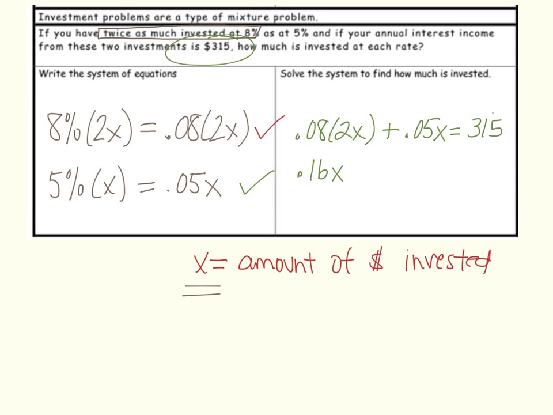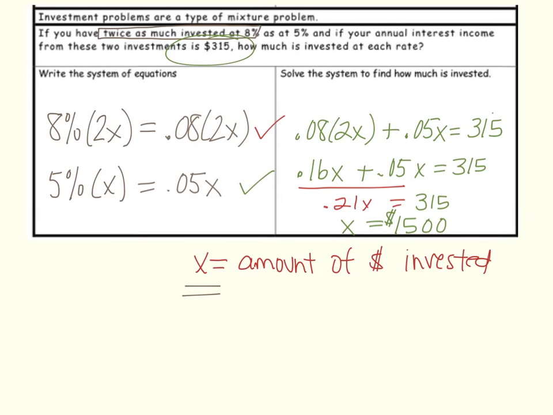This gives me 0.16x plus 0.05x equals 315. Combine these two together, and I get 0.21x equals $315. Divide by 21/100, and I get x equals 1,500, and that's $1,500.